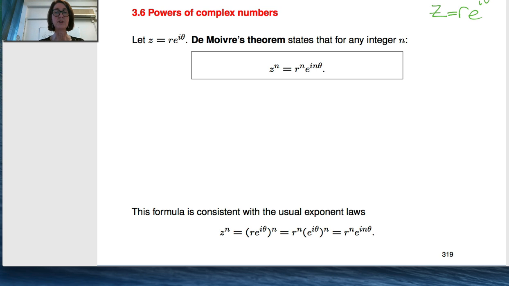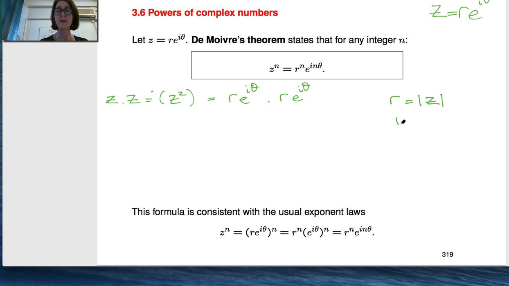So first up, let me just try and give you some kind of idea of why this might be true. If we have just our regular complex number z equals r e to the i theta, and I multiply it by z, so I've got z squared, then this is just equal to r e to the i theta times r e to the i theta, where r is the modulus of z and theta is the argument of z.